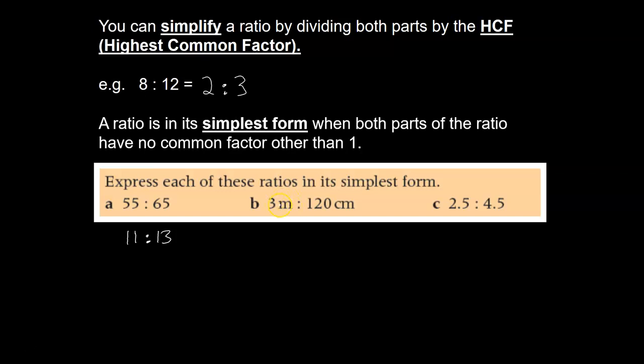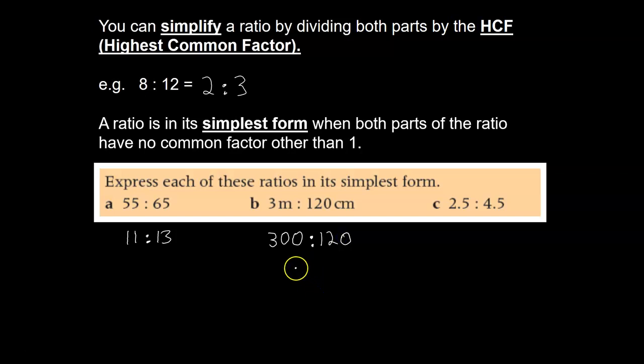Here, the 2 parts of the ratio are in different units of measurement. I can't simplify it while they're like that, so I need to start by rewriting this side, 3 meters, as centimeters. Once I have the same units of measurement, I don't need to write any units of measurement. So now I have 300 to 120.